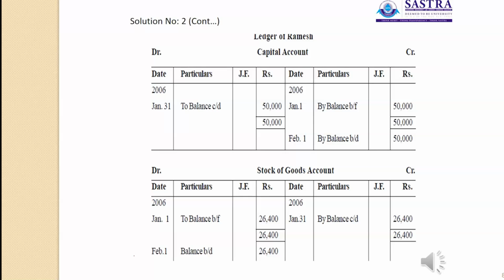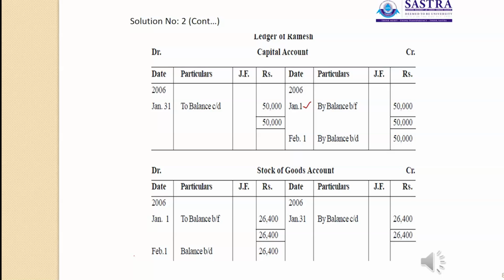Okay, next, after posting the transactions in the journal, the transactions are posted to the ledger. First, the ledger of Ramesh. First account, we have to prepare the capital account. What is the opening balance of capital? 50,000. Capital account always shows credit balances.